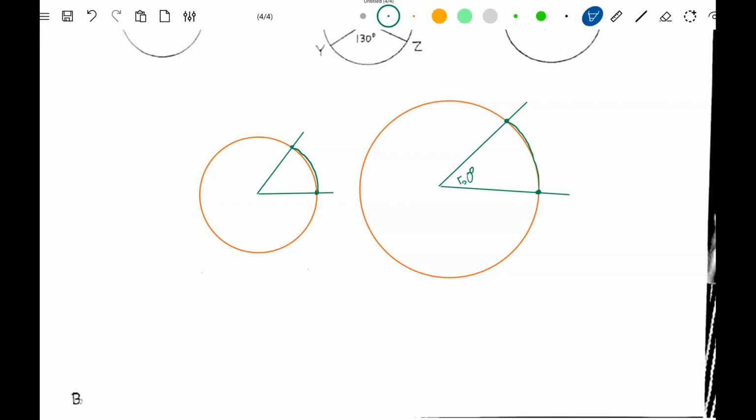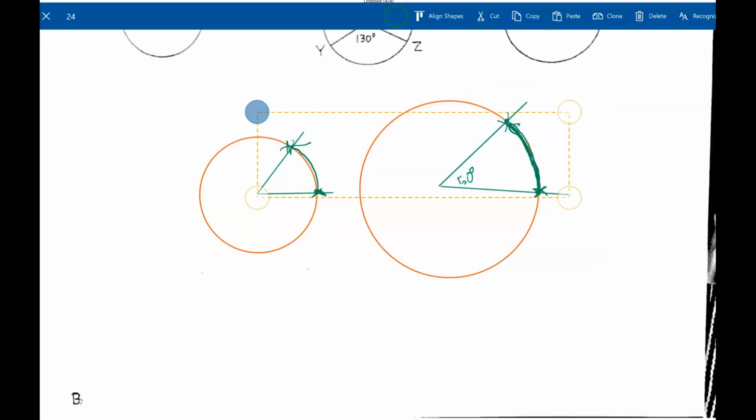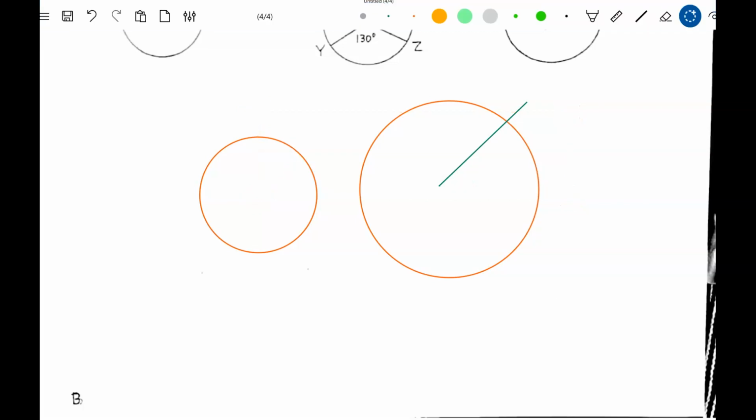Now, you can tell if I was walking from this point to this point, and somebody else was walking from this point to this point, that this second circle would be a much longer trip. That's arc length. Arc length is a portion of the circumference.